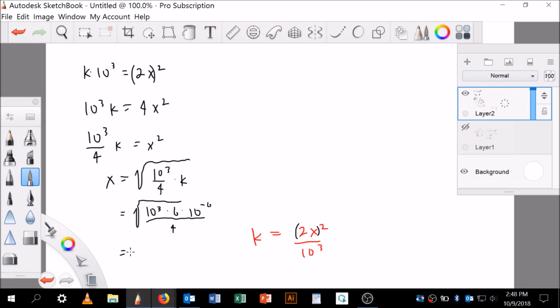Working on my calculator. 10 to the third times 6 times 10 to the minus 6 equals 0.006, divided by 4 equals 0.0015, and the square root of that, right? 0.0387.